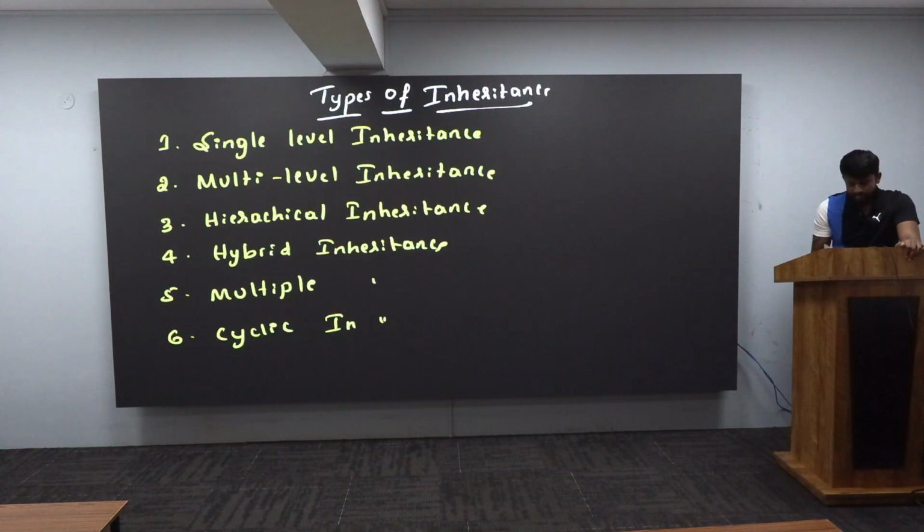All of these inheritances are there in all object-oriented programming languages. It's not only in Java. These types are there in C++ also, in Python also, in C# also. Why? Because all of them are object-oriented. Whatever topics I'm speaking about, encapsulation, inheritance, all of them are there in Python also, in C++ also.